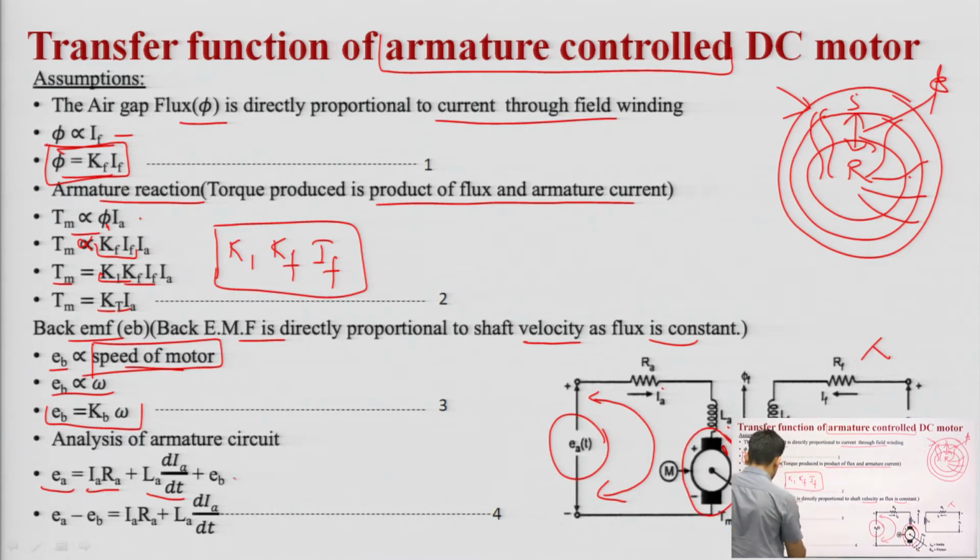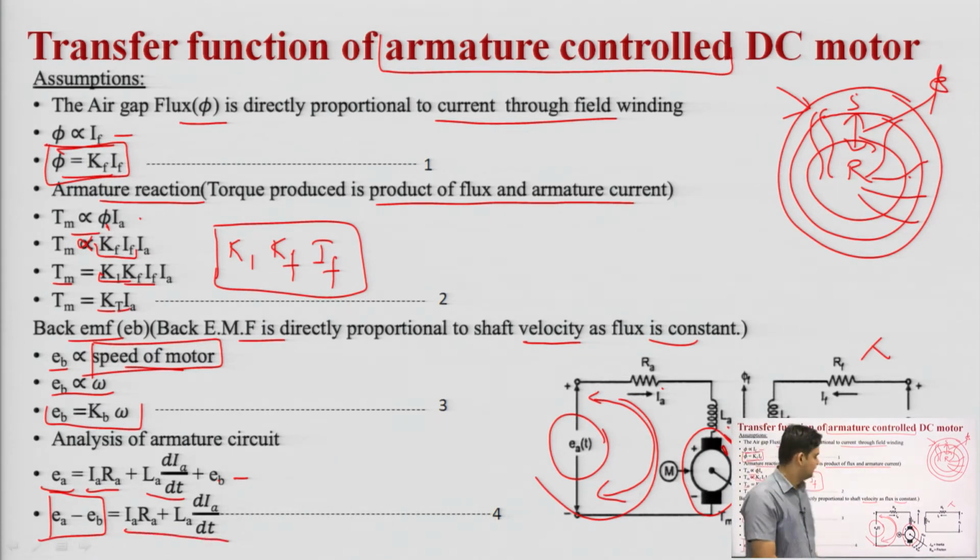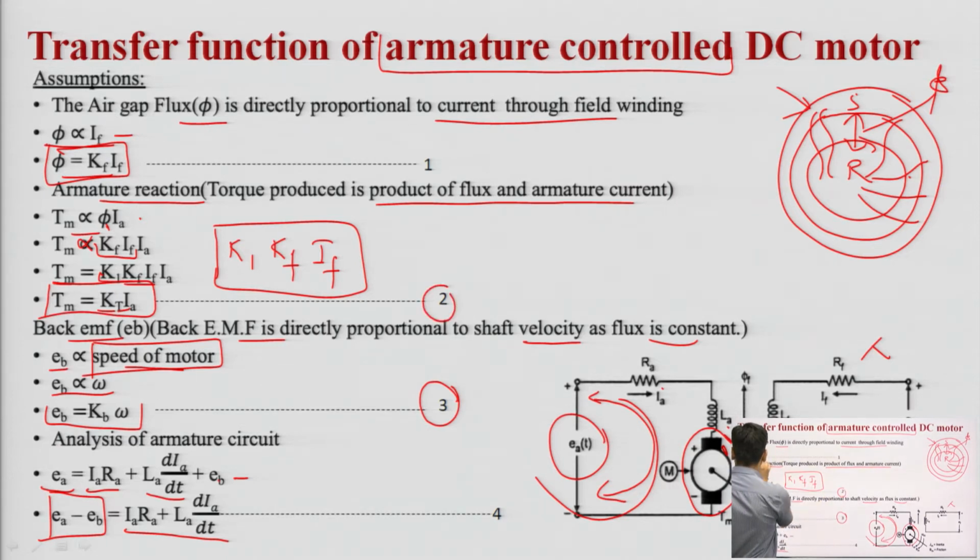This loop is complete. If I take E b to the LHS, E a minus E b is equal to this expression. Assume this as equation number 4, the back EMF expression as equation number 3, the motor torque as equation number 2, and the air gap flux as equation number 1.